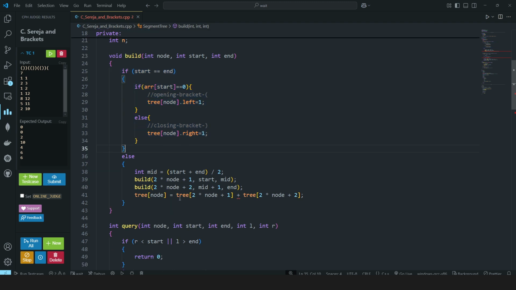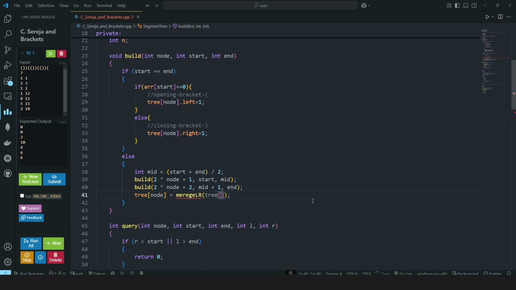And now, as I told you, we have to combine. After the left part and right part are explored, we combine the results for the left and right child, right? So I will write a merge function like this, and I will pass the left and right child nodes.